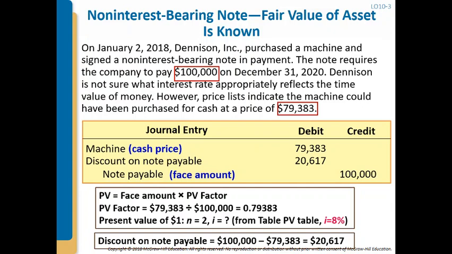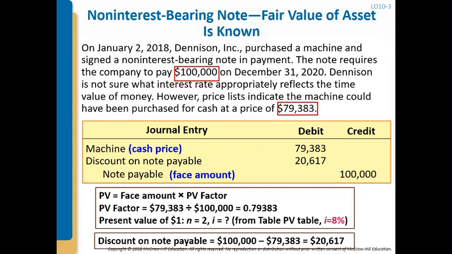So the present value factor, notice, is 0.79383. Well, the present value is the face amount times the present value factor.